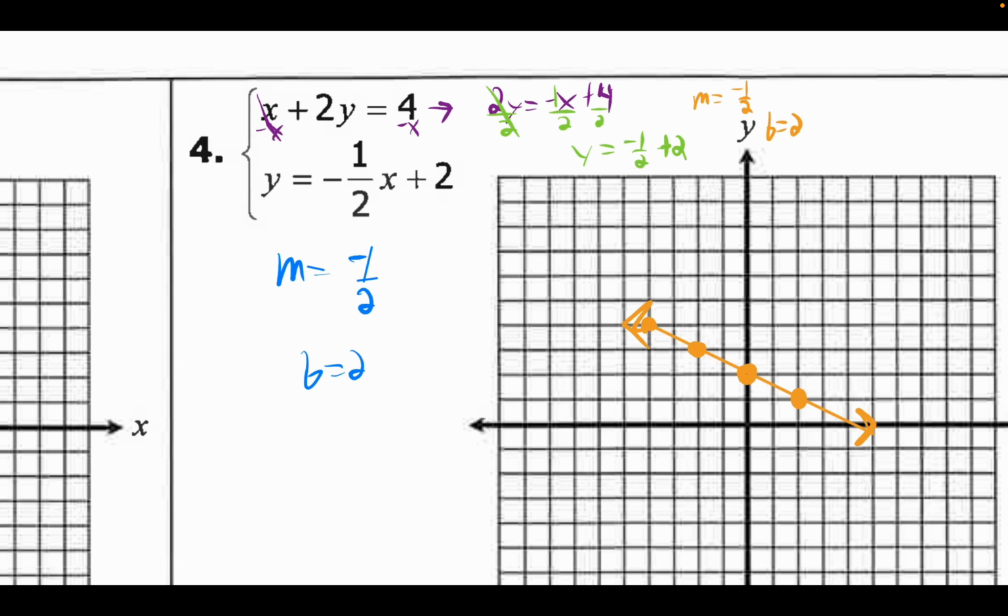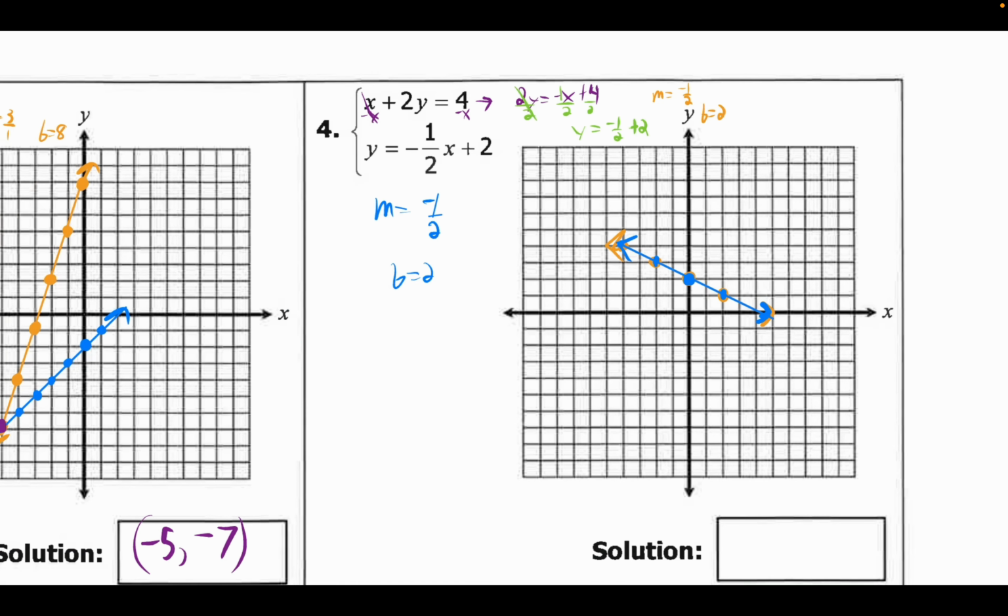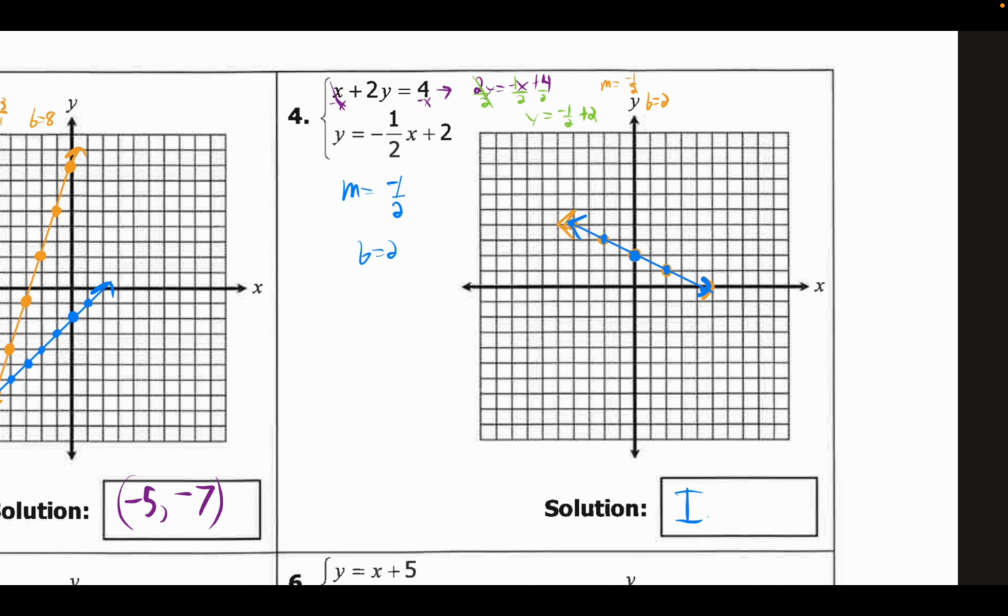And as I graph this, I notice, hey, wait a second, those are quite familiar because it's the exact same. And that means that these are the same line, which means that the solution is infinitely many solutions. Any point on this line, and these are exactly the same line.